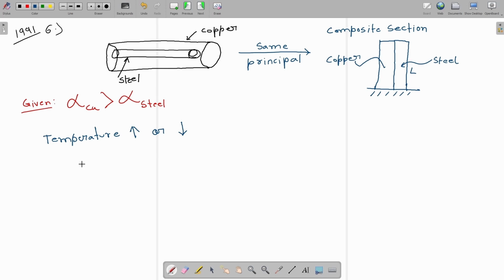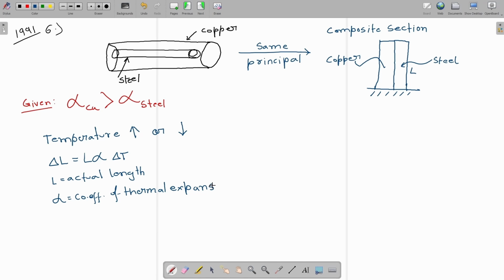Okay, suppose that change is given by delta L is equal to L alpha delta T. Here L is the actual length of the section, alpha is the coefficient of thermal expansion, okay, and delta T is the change in temperature.